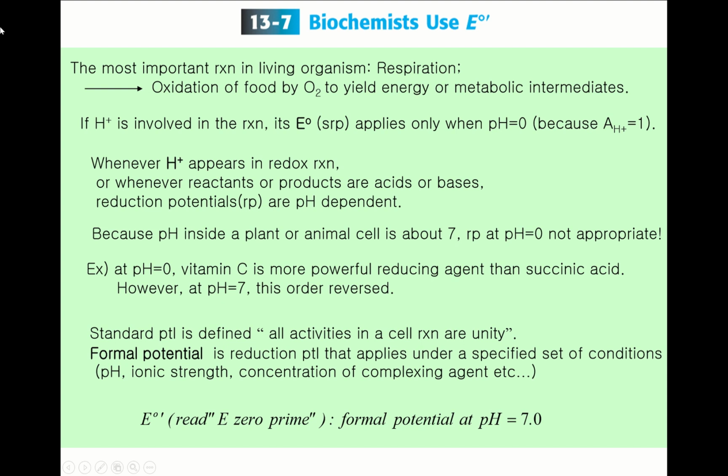Here, the most important reaction in living organisms is respiration. This is just one example. Respiration involves the carbohydrate and its oxidation by oxygen, to yield energy or metabolic intermediates. In the process, protons are involved in the reaction.